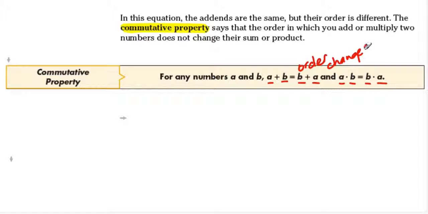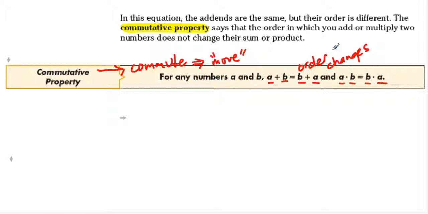From what we learned in 6th grade, the root word of commutative is commute, which means to move. So you're moving the numbers around, and that's why the order changes.